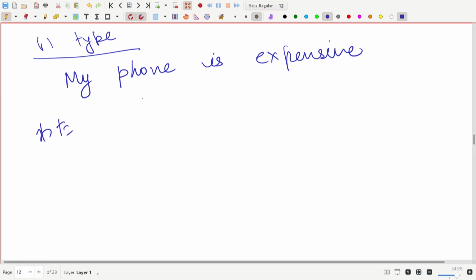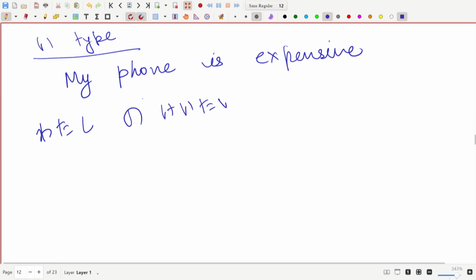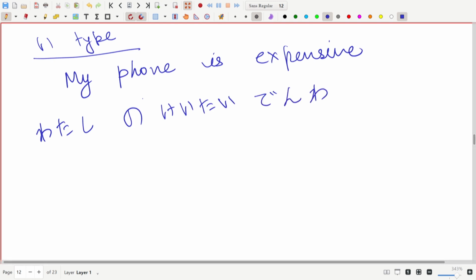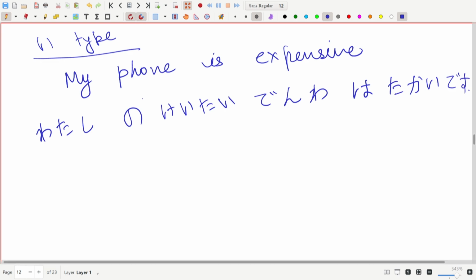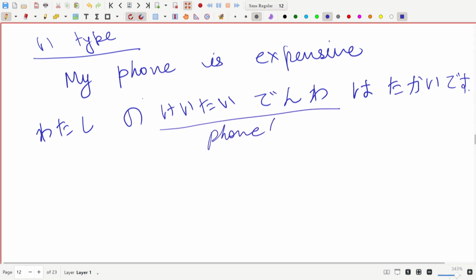My phone will be watashi no keitai denwa. Wa takai desu. Okay. So, watashi no keitai denwa, which is mobile phone, wa takai desu.